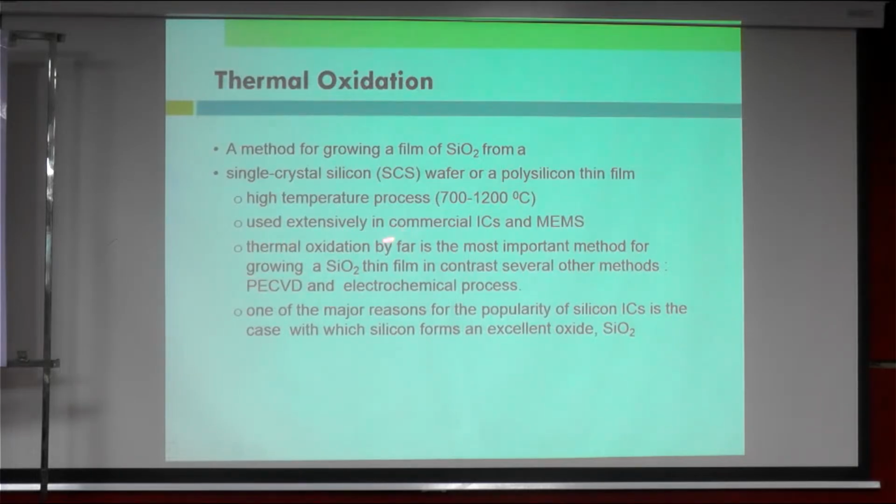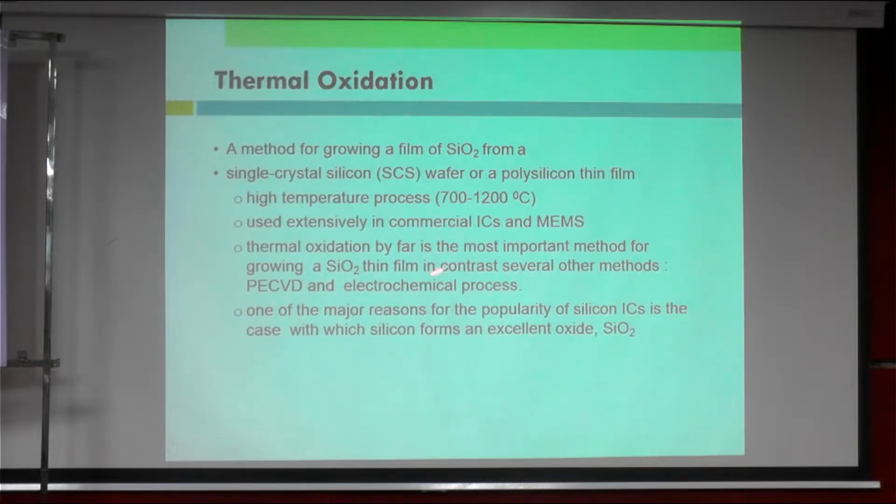It is used extensively in commercial ICs, integrated circuits, and MEMS. Thermal oxidation by far is the most important method for growing silicon dioxide thin film, in contrast to several other methods like PECVD and electrochemical processes.